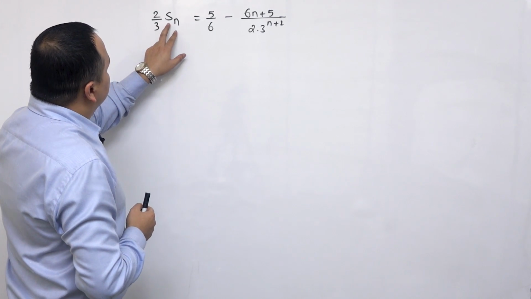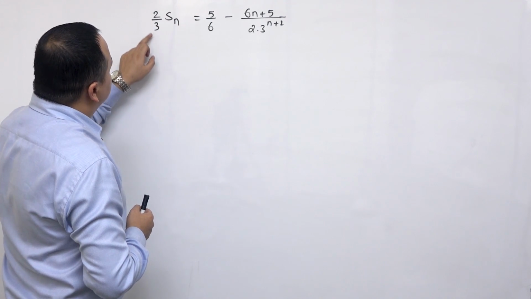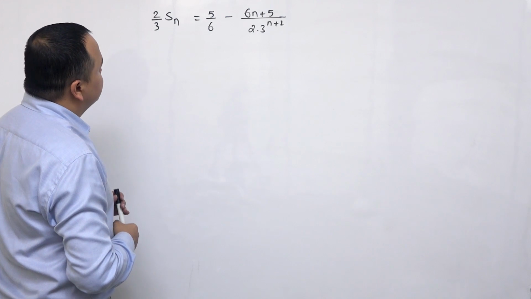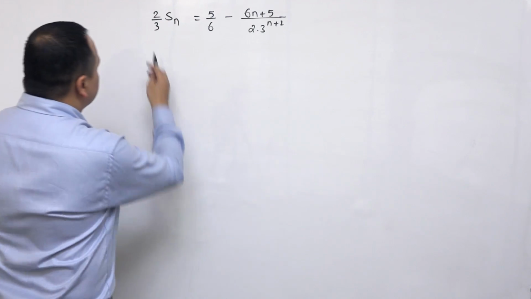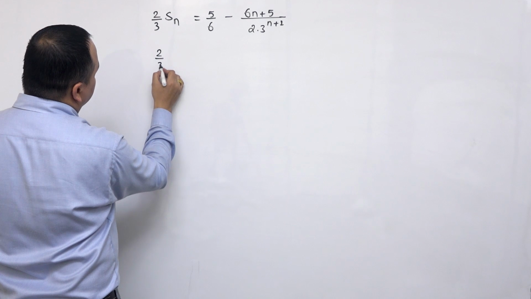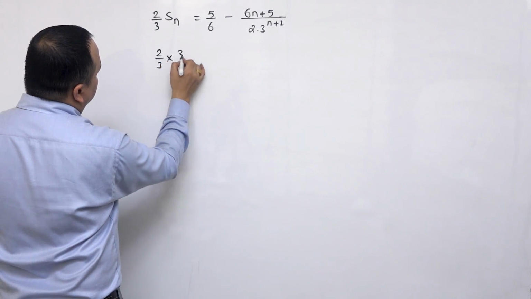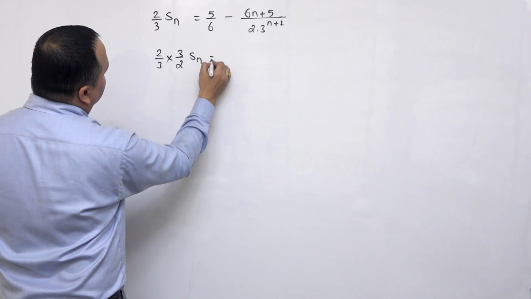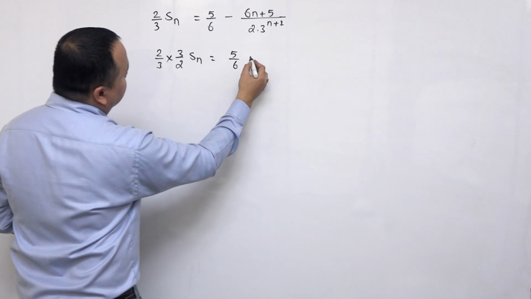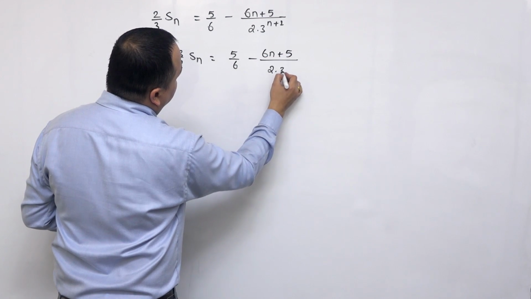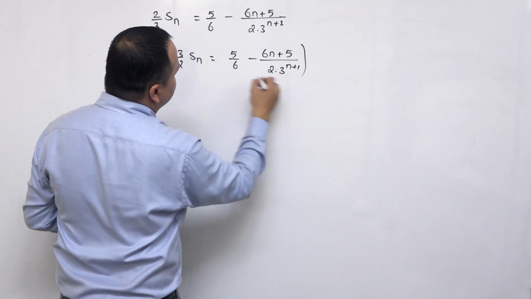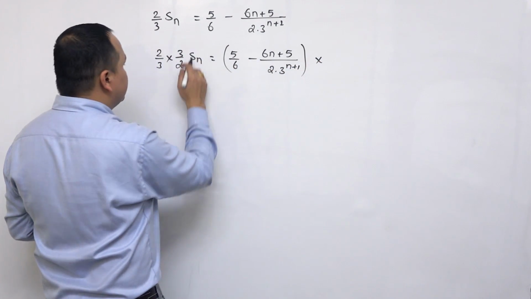Here the coefficient of Sn is 2 upon 3. So multiplying both sides by its reciprocal, 3 by 2. Here 2 upon 3 into 3 upon 2 Sn is equal to 5 upon 6 minus 6n plus 5 upon 2 into 3 to the power n plus 1 into 3 upon 2.